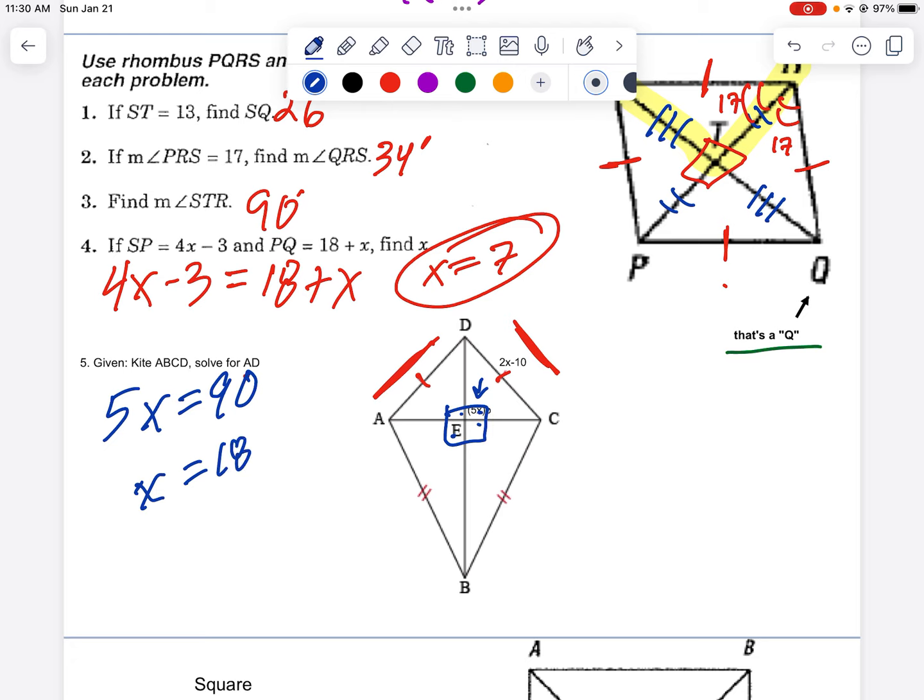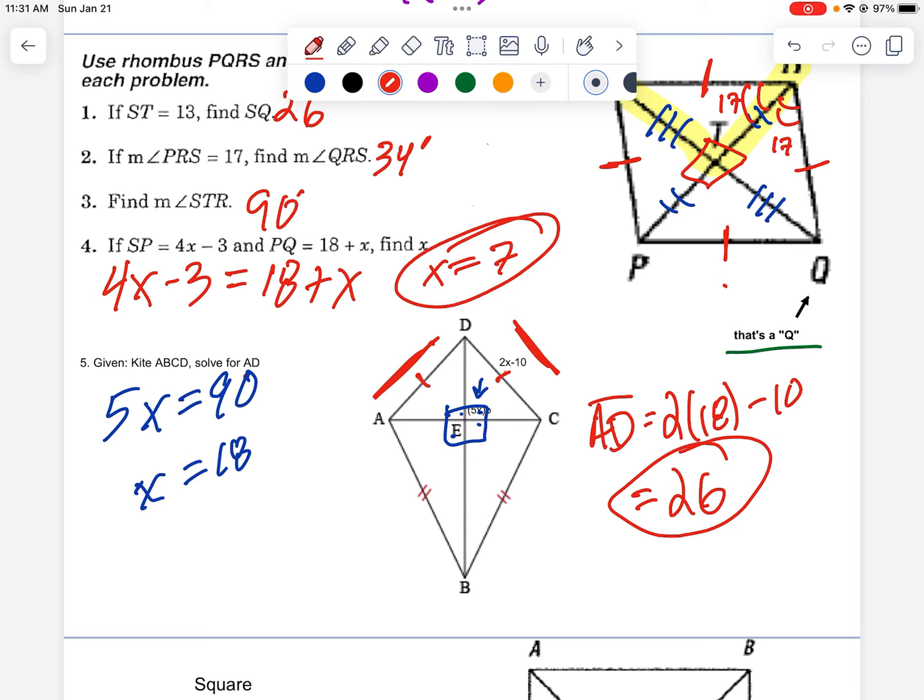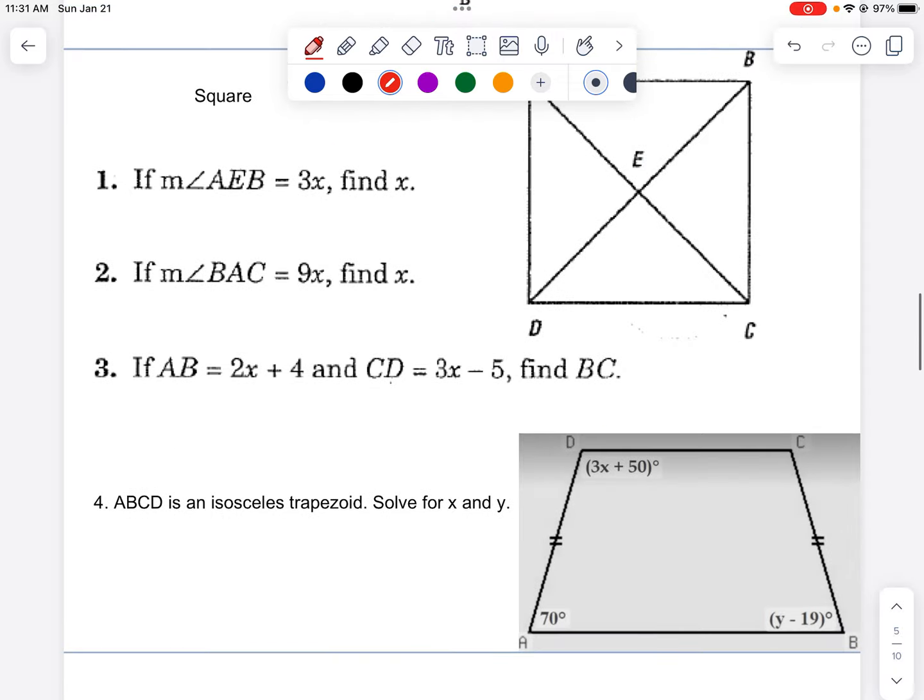So before we can find AD or DC, since they are the same, we have to find the value of x. So AD is going to be 2 times 18 minus 10, which is just 26. That's pretty sick.